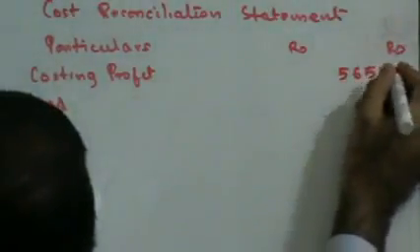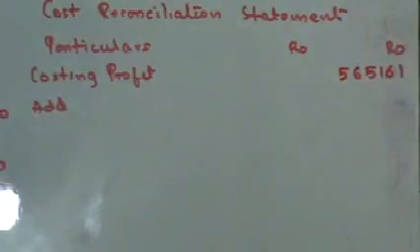Right? Let's start. Now the costing profit we found out is 5,65,161. Okay. Now let's see this.